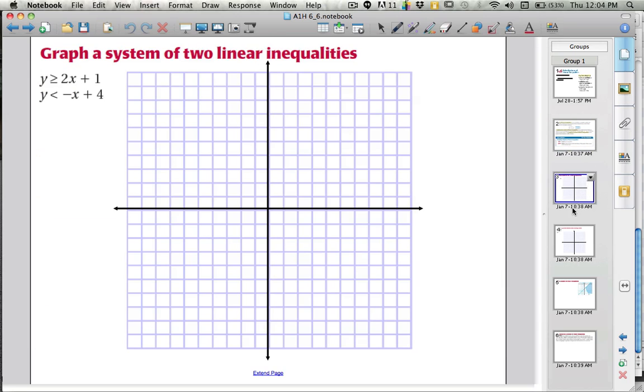Okay, so let's look at how that plays out when we graph. I've got this equation where I've got a y-intercept of 1 and a slope of 2, so I'm going to go up 2 and right 1. I could go down 2 and left 1, same line. My line is going to be solid because this says "or equal to," so I'm choosing the solid line.